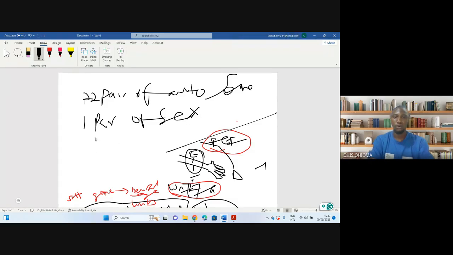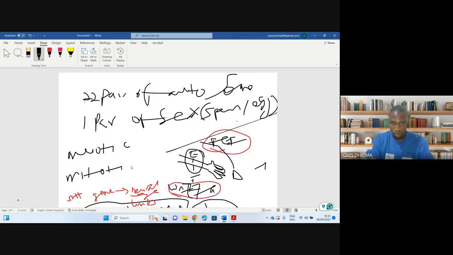And so these sex chromosomes are the ones that are located in the sperm and the eggs. So meiotic disorders, not mitotic. Meiotic disorders are found in the sex chromosomes mostly, while mitotic disorders are found in these 22 pairs of autosomes.